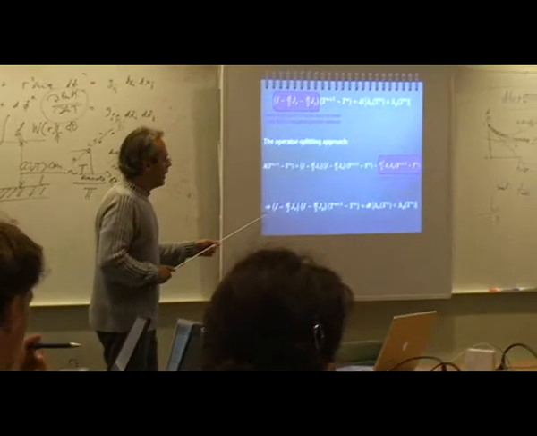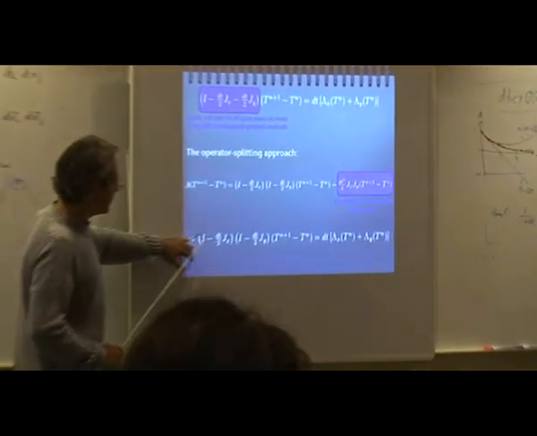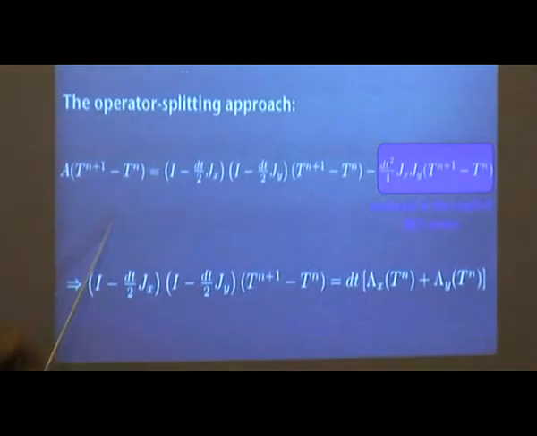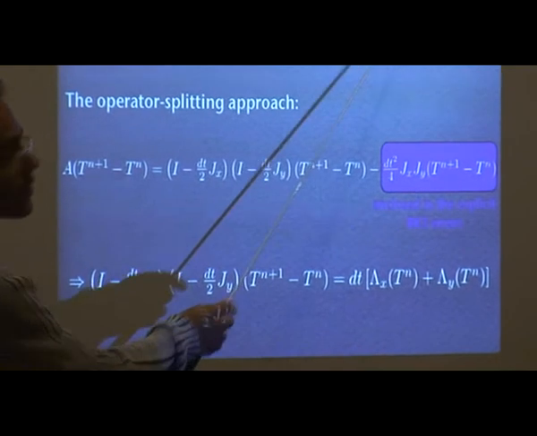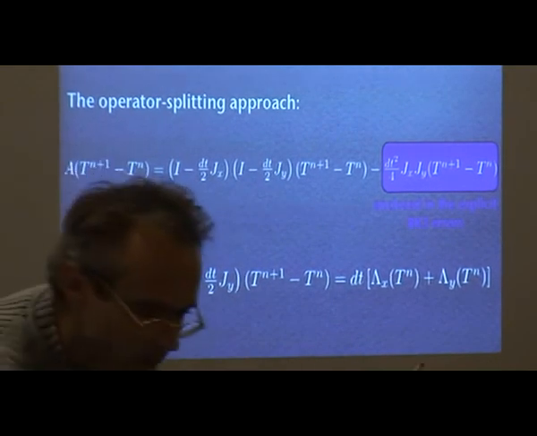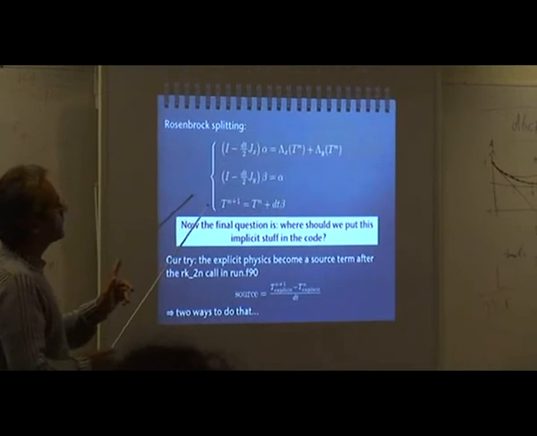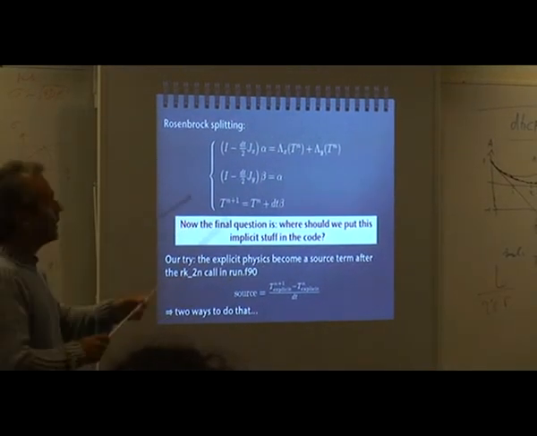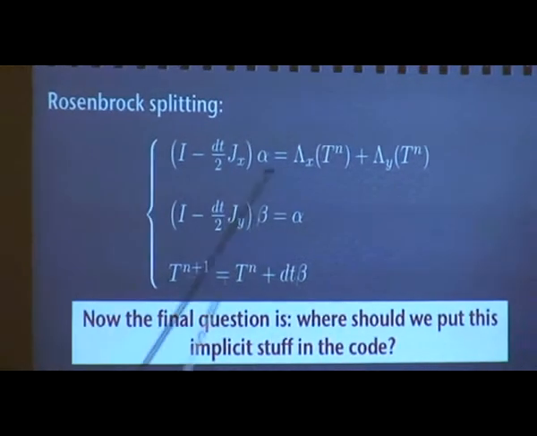Okay. So, for the moment, we remove this. So we get this factorization relation. That means that this one, which is here, can be factorized like that, and on the right-hand side, it does not change. Okay? And then you apply the Rosenberg splitting. Rosenberg splitting means the factorization can be split in two directions. So the first one is in the x direction, so we have to solve this one first.